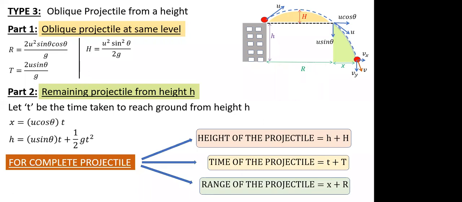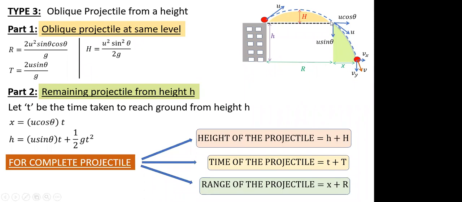So for part 2, I just considered the projectile from this point. There the velocity u will be the same in magnitude, and the angle will also be the same as initial, because when it reaches the same level, the angle and magnitude are the same.